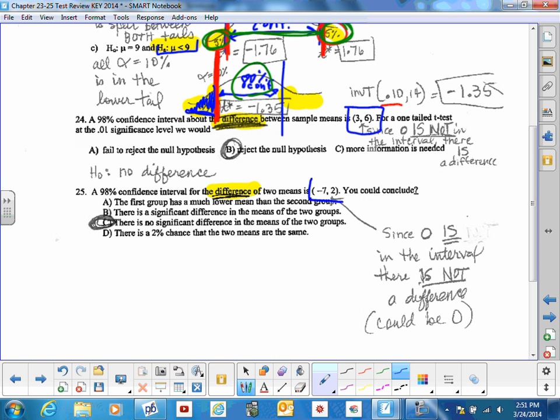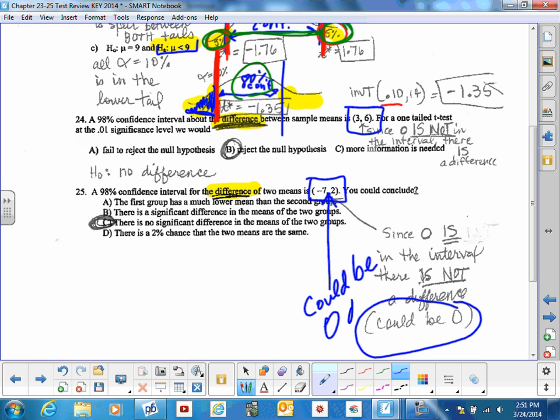Because if 0 is in the interval, there could be 0 difference. Am I saying there is? No. But there could be 0 difference if it's in the interval. Done.